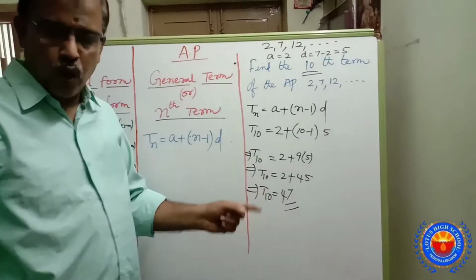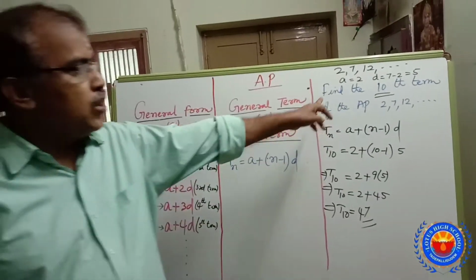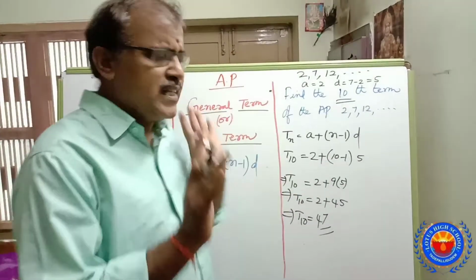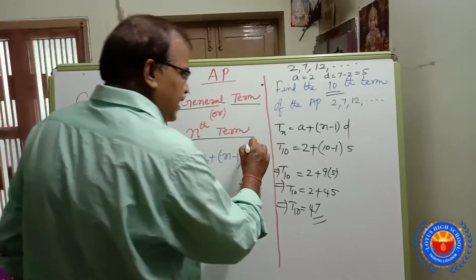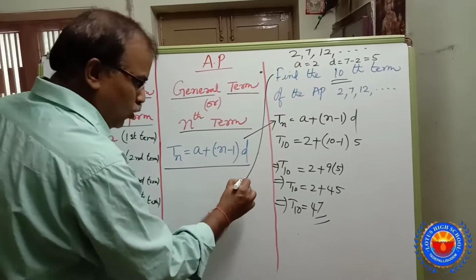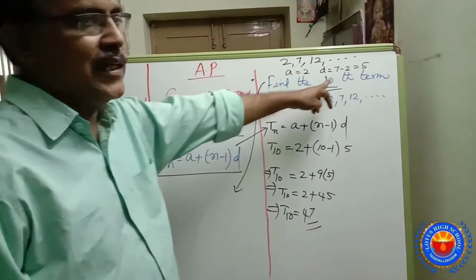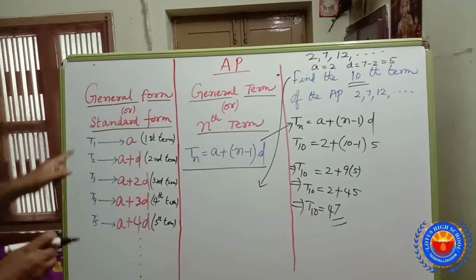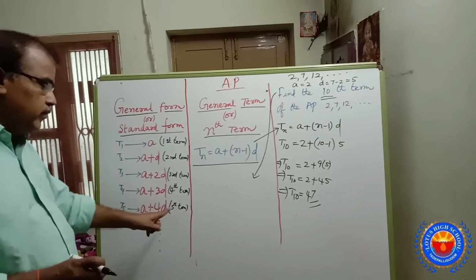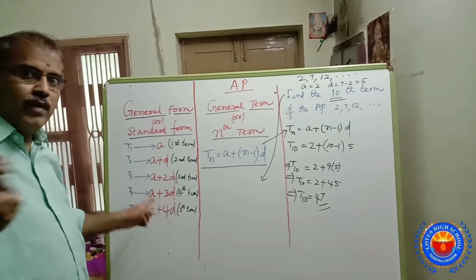I already explained this in the last video of the AP: how to find the 10th term by using the nth term formula. The same question we can also do directly. For the 10th term, the first term is a, the second term, third term, fourth term a plus 3d, fifth term a plus 4d, and the 10th term is a plus 9d.